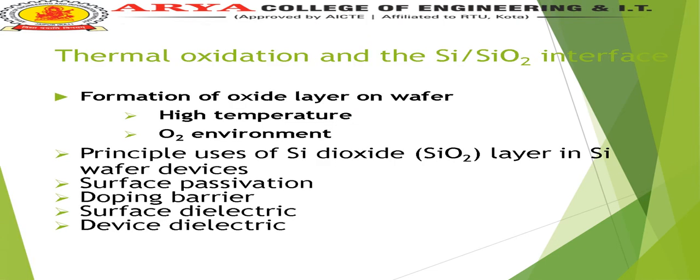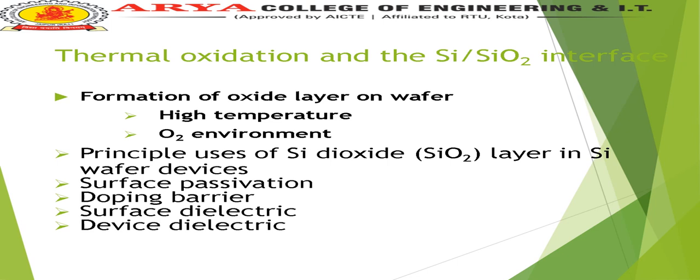Oxidation in a fabrication process basically uses thermal oxidation and the silicon and silicon dioxide interface. When the silicon wafer is exposed to oxygen, it creates a layer called a dielectric layer, which behaves as an insulator.